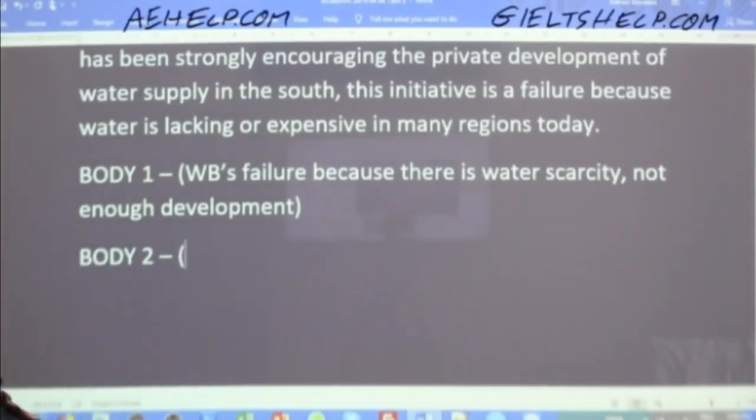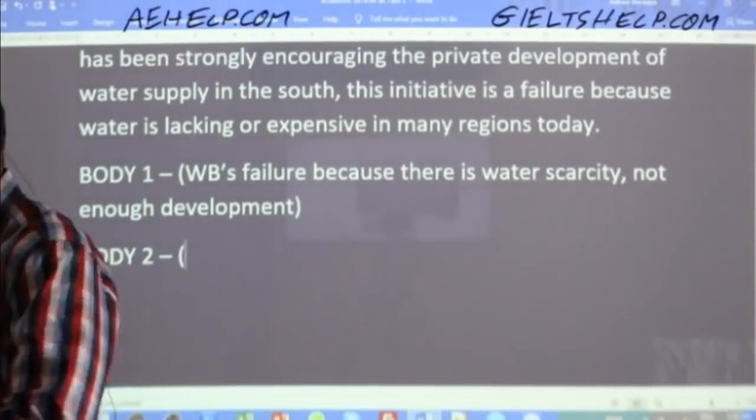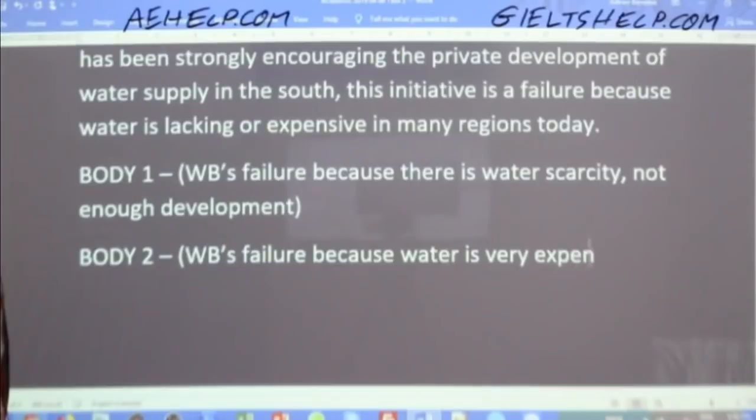So body paragraph 1, World Bank's failure because there's water scarcity, not enough water development. Body paragraph 2, World Bank's failure because water is very expensive, unavailable, unavailable to many people.